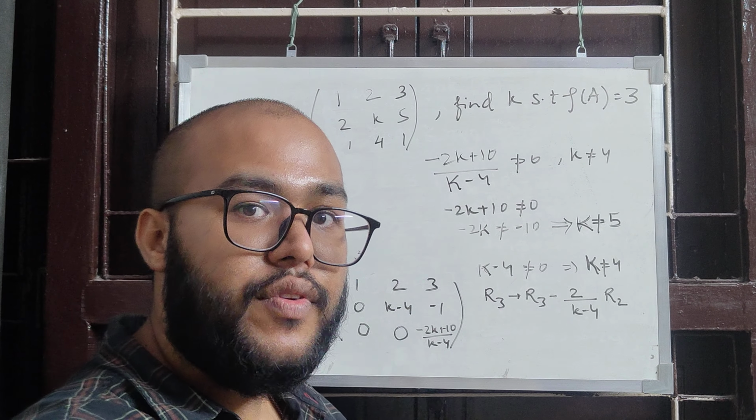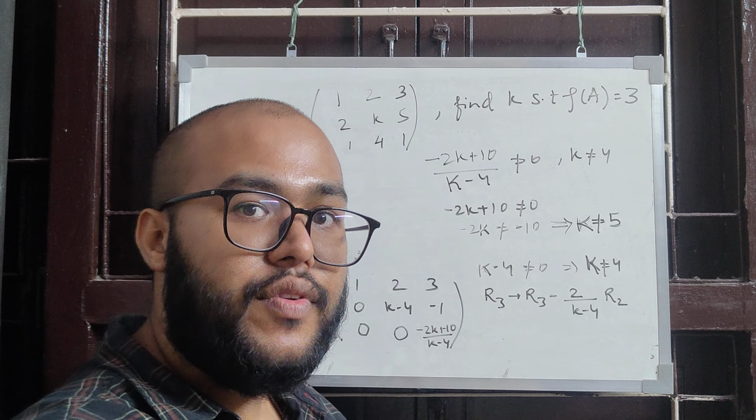So what will be the answer for this? k can be any real number except 4 and 5. A real number is represented with R. So k can be any real number except 4 and 5.